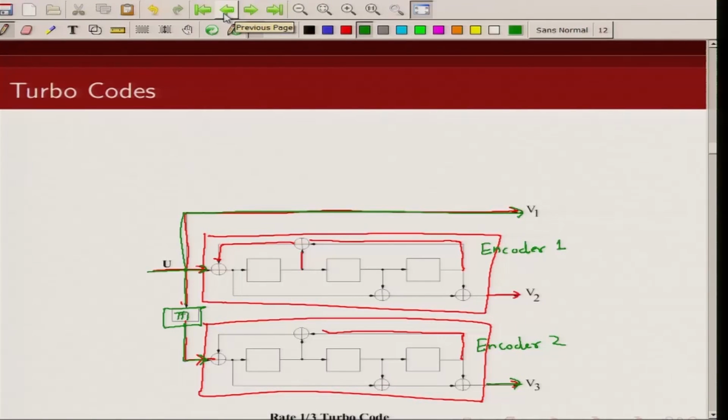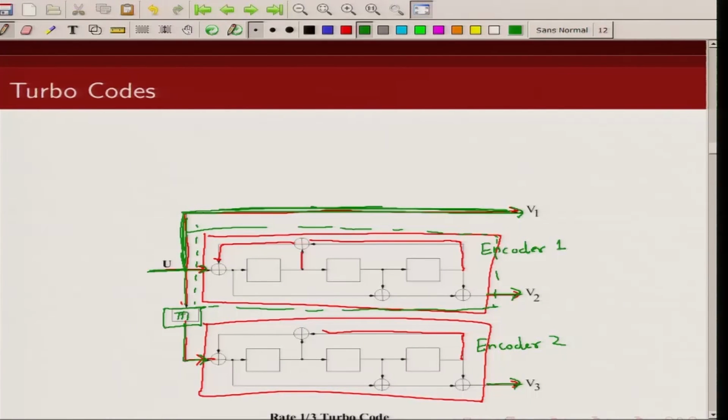So, what we are doing here is, this is the information bit that is coming out in the output, and then you have this encoder, which is generating this parity bit.